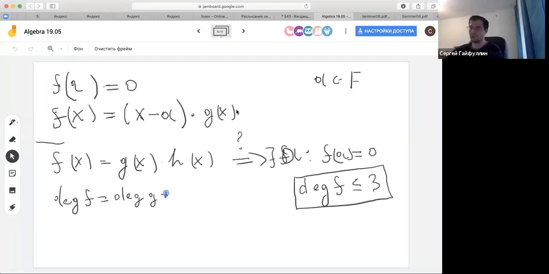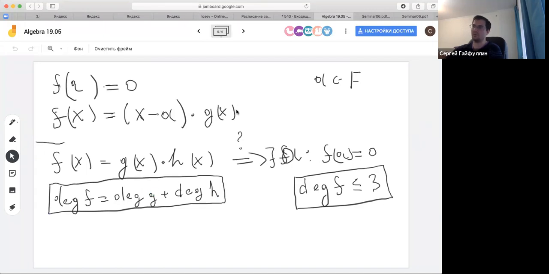Yes, you're absolutely right. If we have that f equals g multiplied by h, then the degree of f equals the sum of the degree of g and the degree of h. Then if the degree of f is not bigger than 3, one of these degrees is just 1.